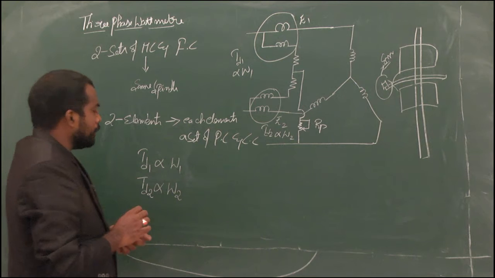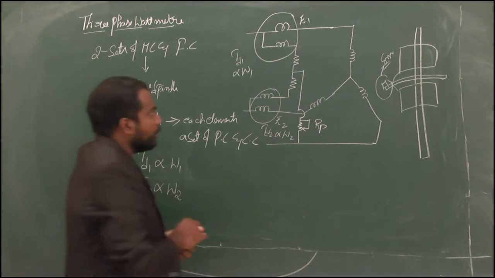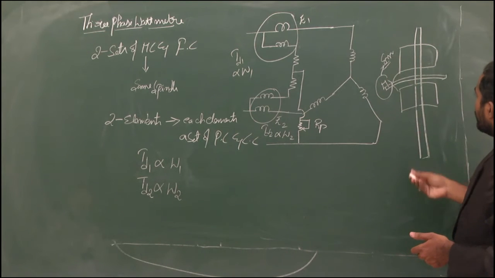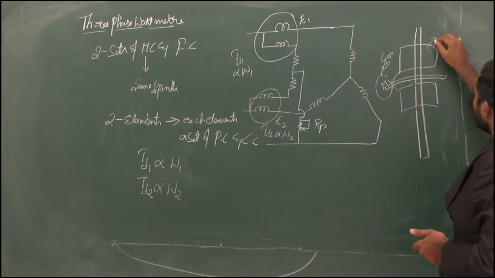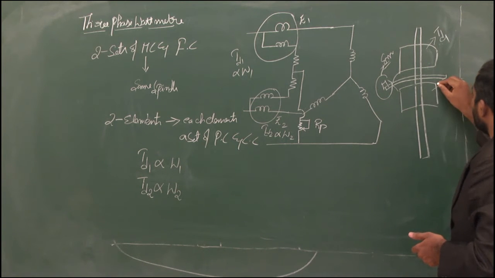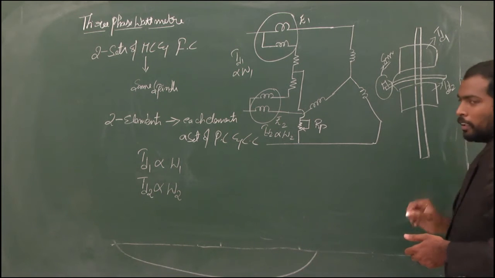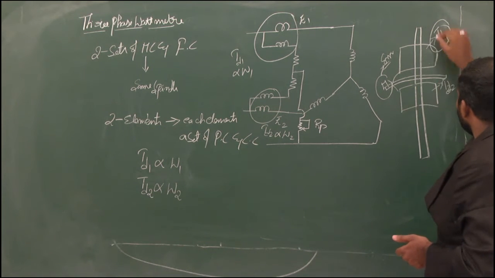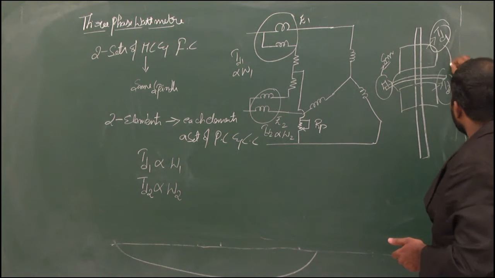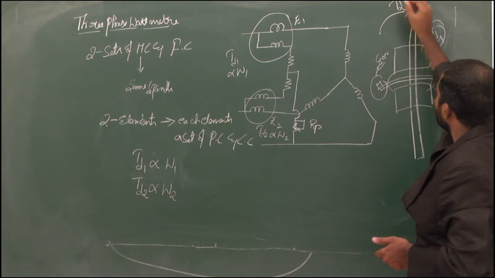So in order to have the net or overall deflecting torque on a spindle, you can see here, both the systems are connected on the same spindle, where element 1 is producing a deflecting torque of TD1, right? And element 2 is producing a deflecting torque of TD2, right? That means these two torques, TD1 and TD2, will cumulatively give the net deflecting torque on the spindle, which is required to move the spindle, which is nothing but TD.